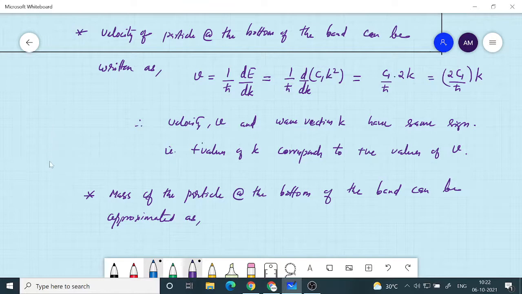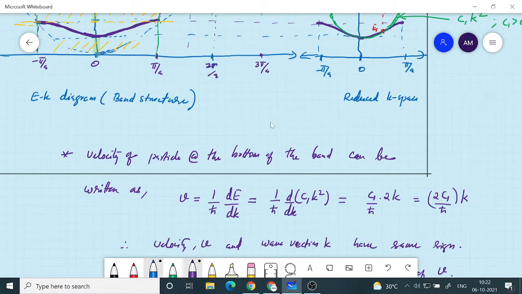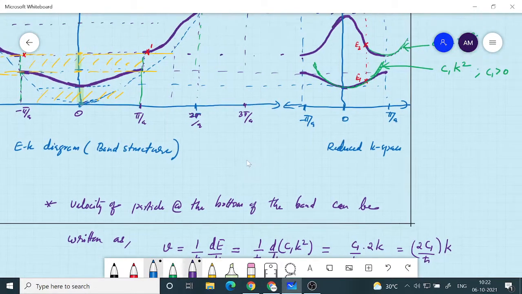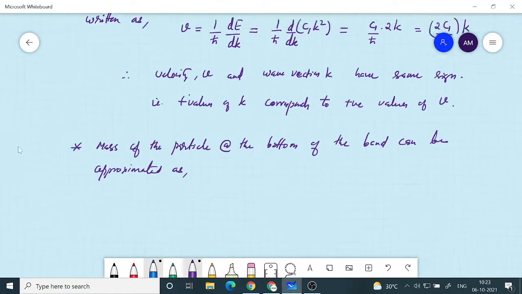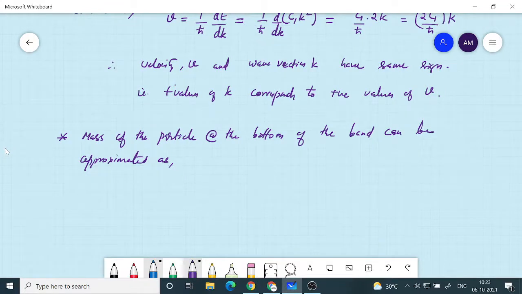It diverges after some point from the actual band structure. So the model that we have is only valid strictly for the bottom of the band. So that is why I am saying for those regions at the bottom of the band, it can be approximated as, okay.